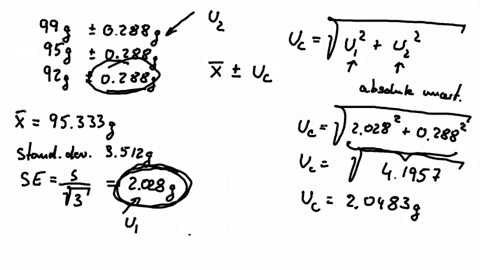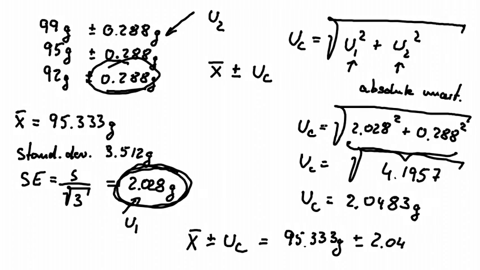So what we can do now is report our mean weight for a banana. That would be x bar plus minus the combined uncertainty, and that would be 95.333 gram plus minus 2.0483 gram. Now we need to be careful about the significant figures. We know that an uncertainty should be reported only to one significant figure, or two maximum. We've got one significant figure here, and that is in the unit position.